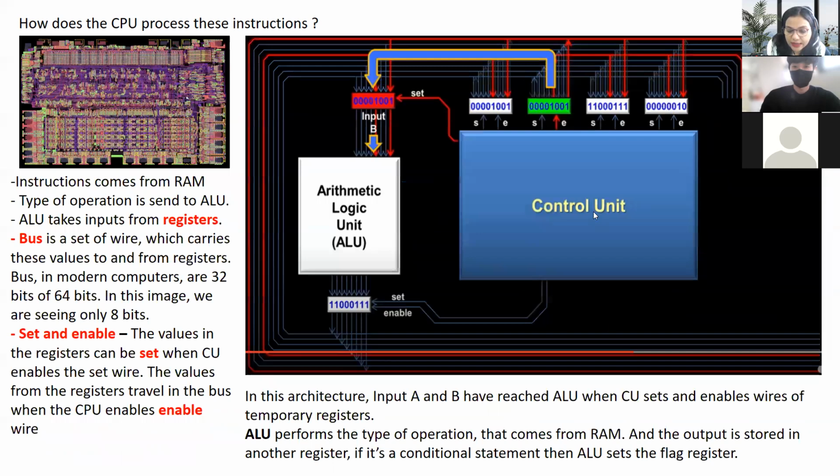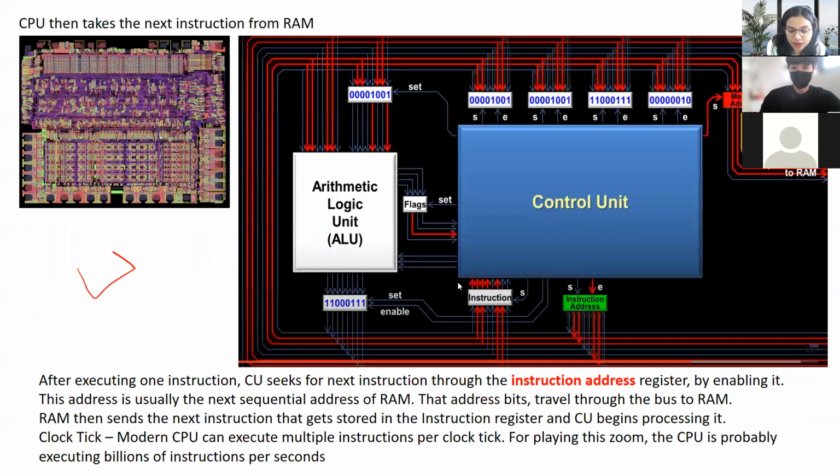And yes, last class I explained to you how the instructions are taken from the RAM and stored in this special register, which is called the instruction register. Now this instruction address register is enabled when there is a jump or something. Okay, so if in your code there is a jump to an instruction, then that address will go here and it will enable this wire, so it will travel on the bus and go to the memory address.